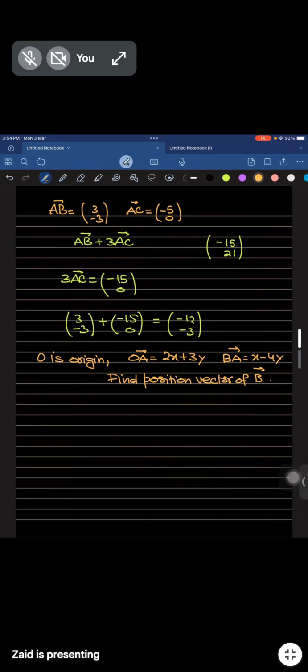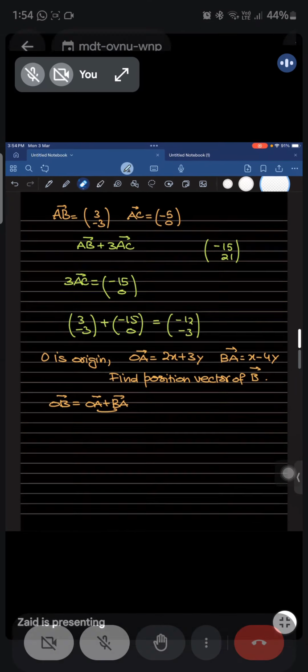OB. So what we need to do here is find OB. We have got OA and BA. I need to find OB. So OB is basically starting from O. OA, that's fine. But if I add BA into it, these are not the same. They cannot be added.